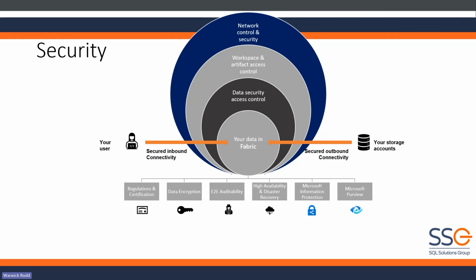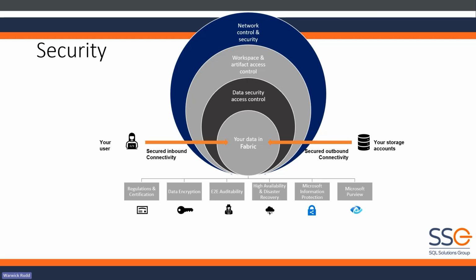Now, the thing to remember with Fabric, okay, is when you go to enable it, wherever your Power BI tenant was created, now in your Azure tenancy, you would have gone, I need to configure or enable my Power BI tenant. Where that Power BI tenant is created, what region, that is where your Fabric tenancy is created.